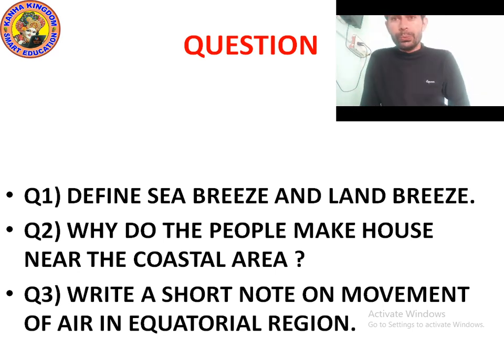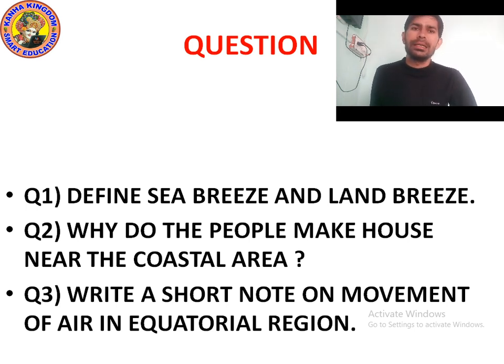Question number two: why do people make houses near the coastal area? The reason behind it is sea breeze. In coastal areas, the land warms up faster than the ocean surface.